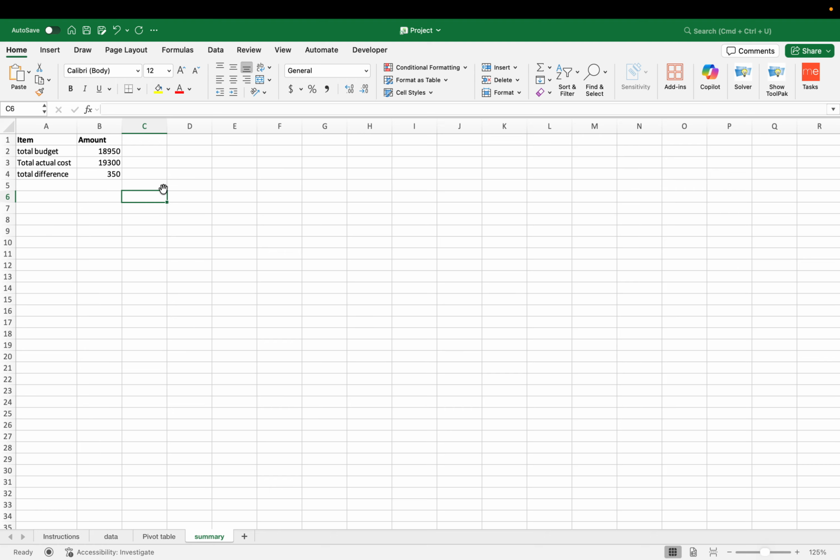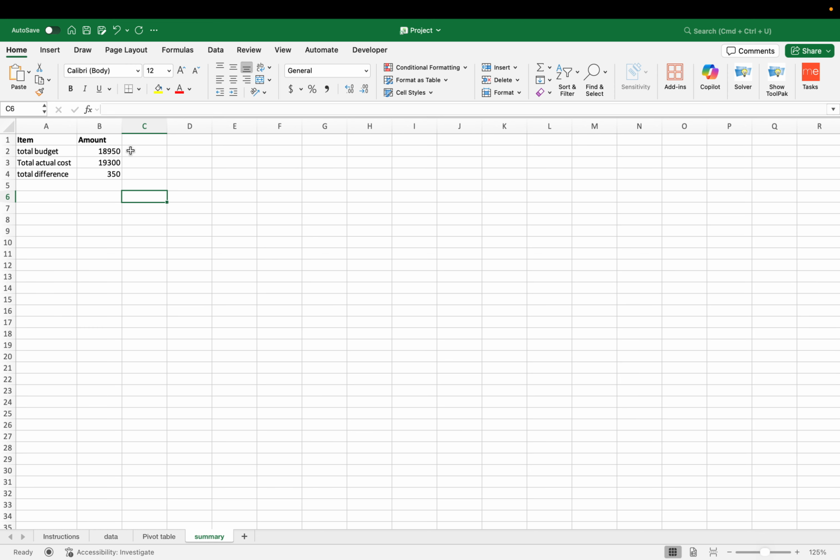So the total budget for the wedding was $18,950, and then the total cost ended up being $19,300. So this means that the wedding went over budget of $350 over the planned budget.